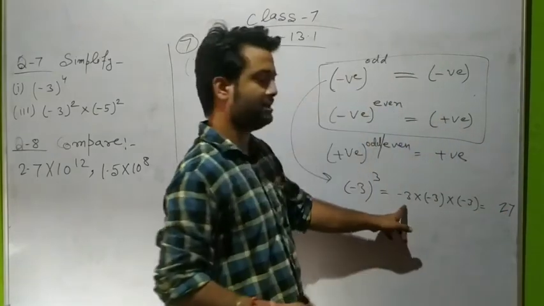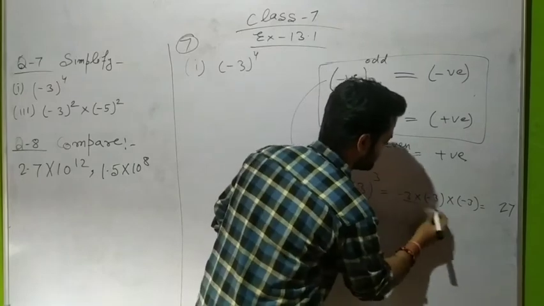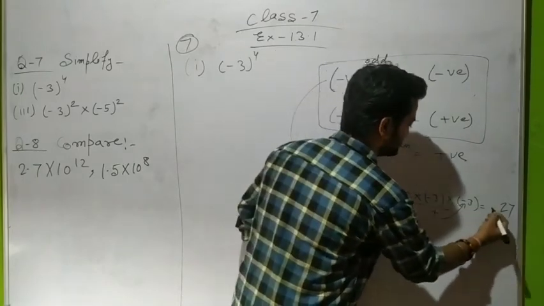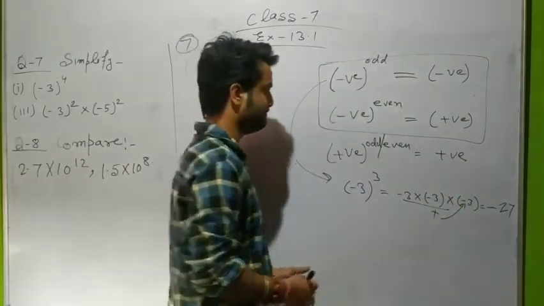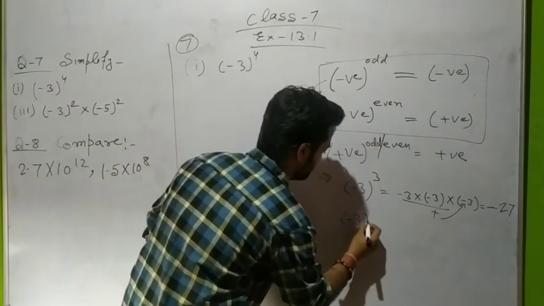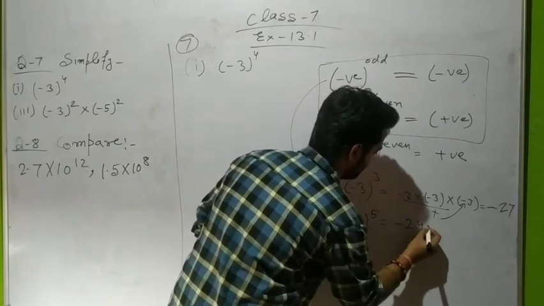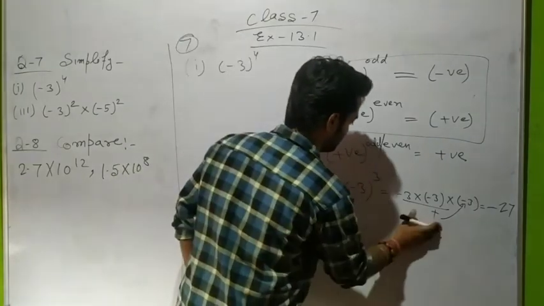And when we multiply the signs, minus into minus gives us plus, plus multiplied to minus gives us minus. In the same way, minus 3 raised to the power 5 will be equal to minus 243. Understood?